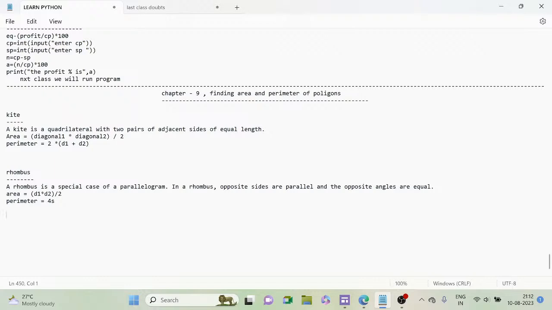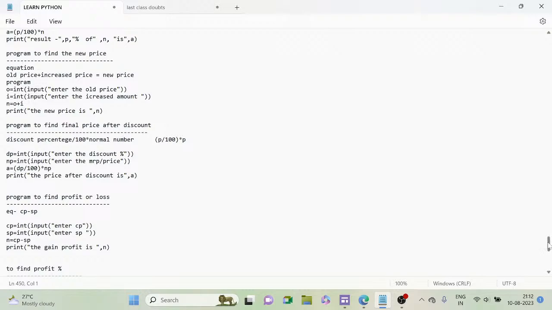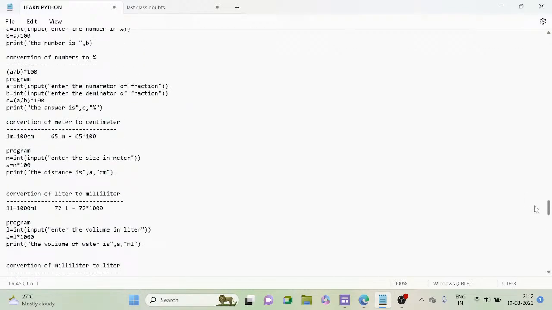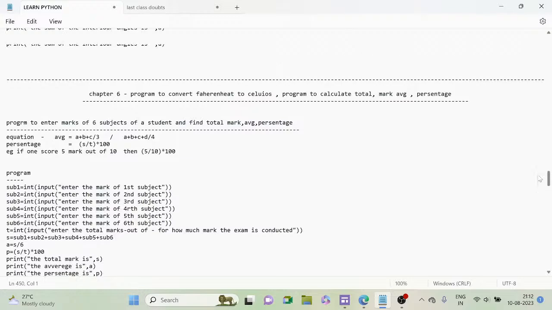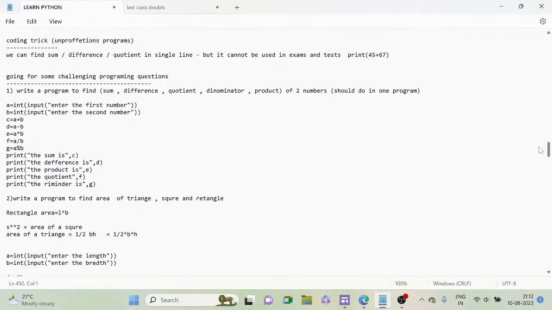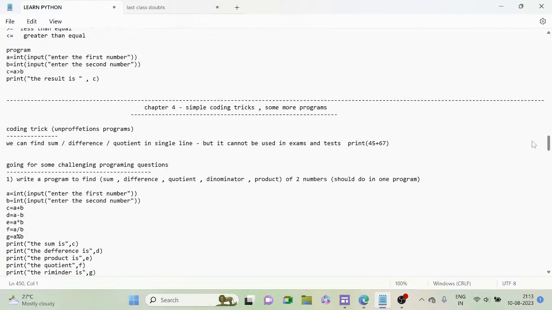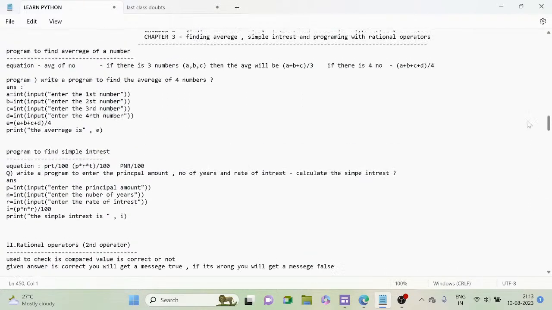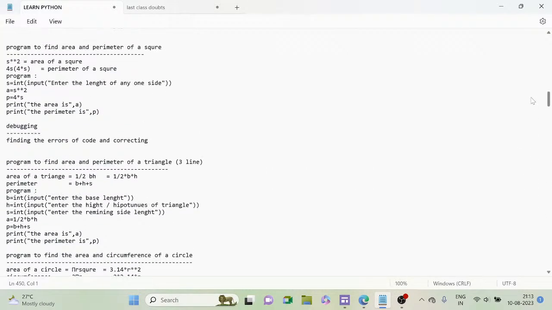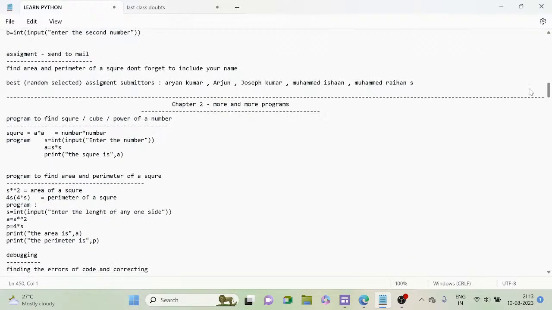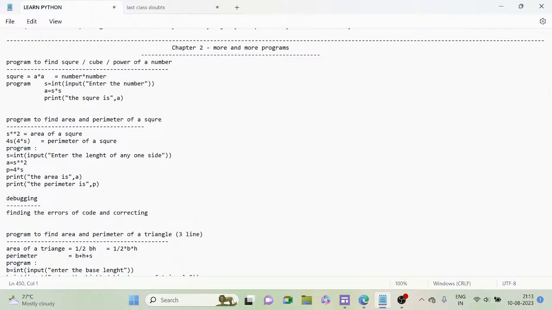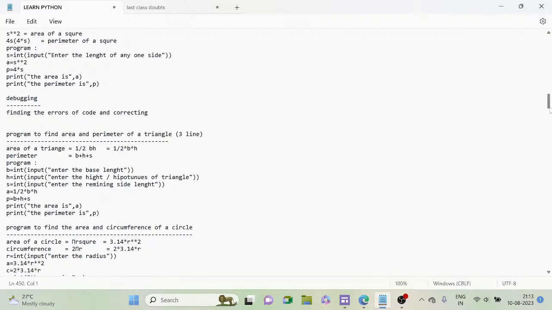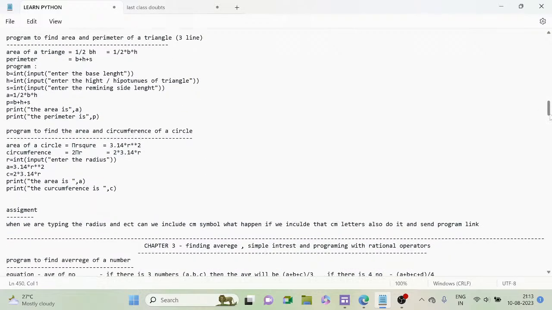In the last sessions, we learned how to find the area and perimeter. In chapter 2, we wrote programs to find the area and perimeter of a square, then the area and perimeter of a triangle, then the circumference of a circle.